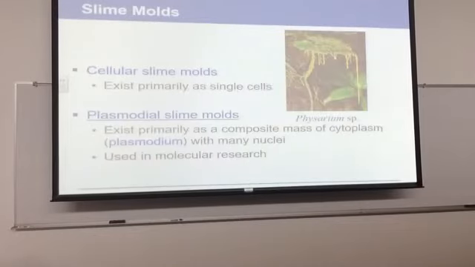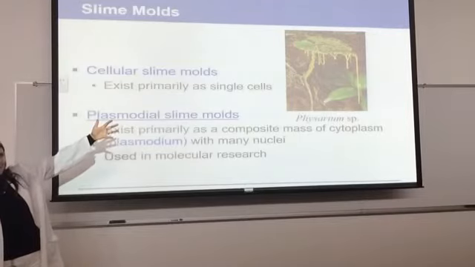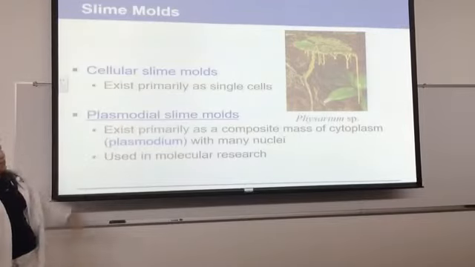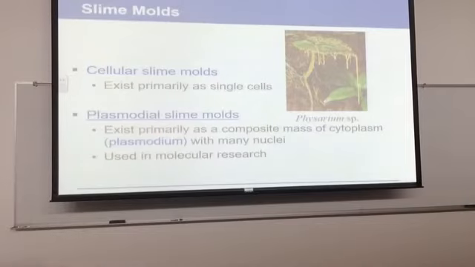Slime molds. Slime molds can be single-celled, which is what we call cellular slime molds, or they can be plasmodial slime molds, which is like a multicellular. Okay? So different types of slime molds you can see here depicted. Visually you can see that it looks slimy.